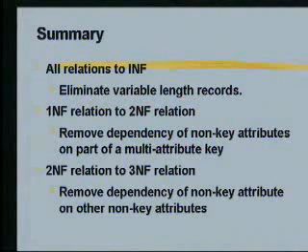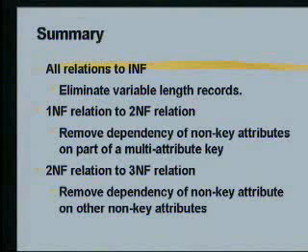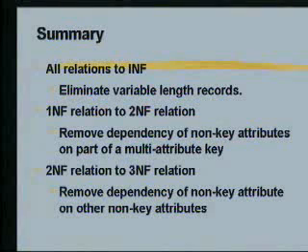Now let us summarize what we have done as far as normalization is concerned. If I want to convert a non-normalized relation to 1NF, I have to eliminate variable length records and multi-attribute records.